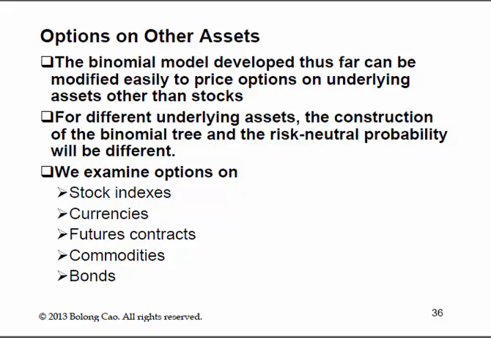You have to consider the asset's characteristics so as to construct the binomial tree and the risk neutral probabilities. So we will look at stock indexes, currencies, futures contracts, commodities, and bonds. There are at least 2 points we need to know for the CFA curriculum.